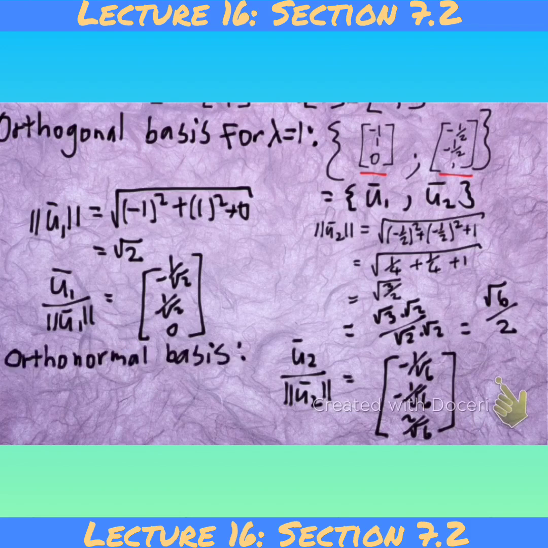Right, so my orthonormal basis for lambda equals 1 is therefore going to be the first vector, there's my first vector, and the second vector is going to be that vector there. Okay, there's my orthonormal basis.